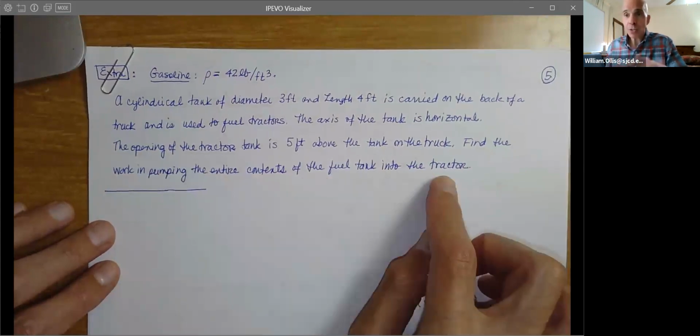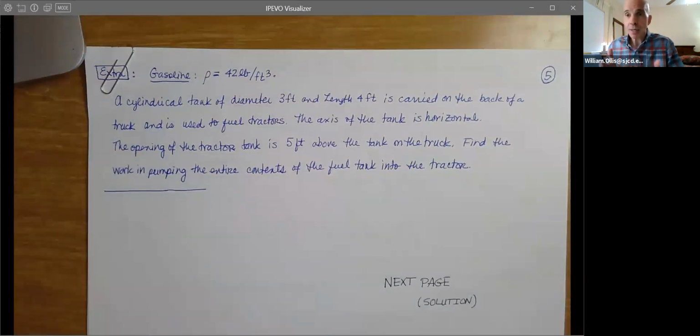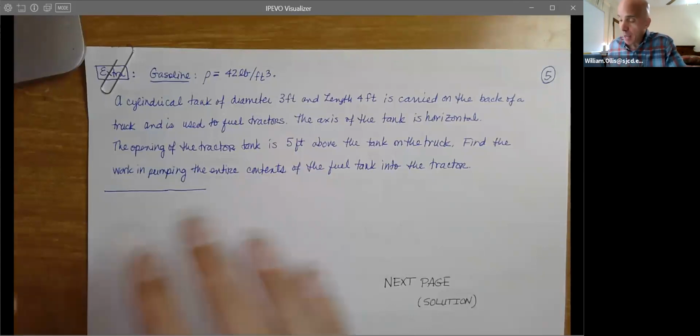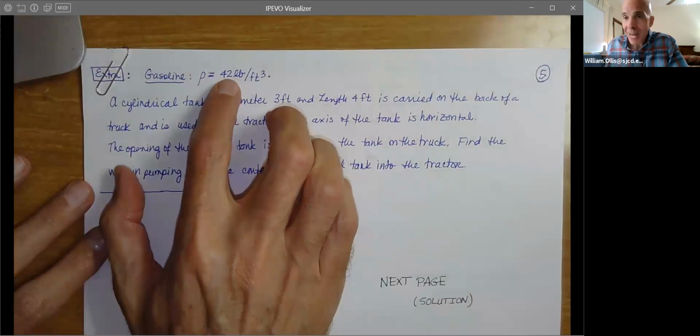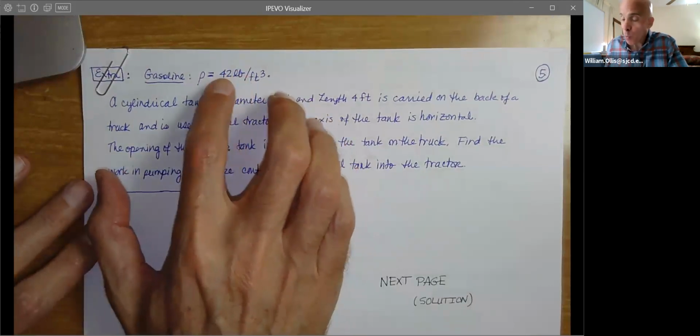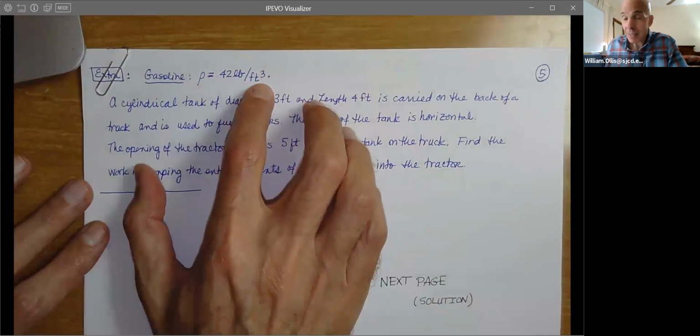So you've got your truck riding through the farm, and you've got to fill up the tanks of the tractors, without having the tractor go all the way back to the maintenance building, maybe to save some time. And so in this particular problem, we have a different weight density for the fuel. It's 42 pounds per cubic foot. So it's less dense than water.